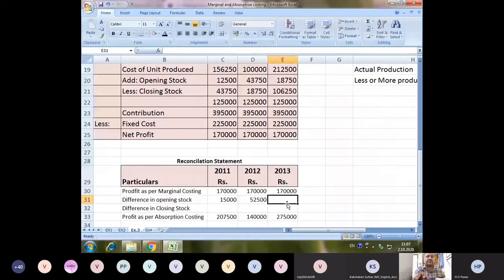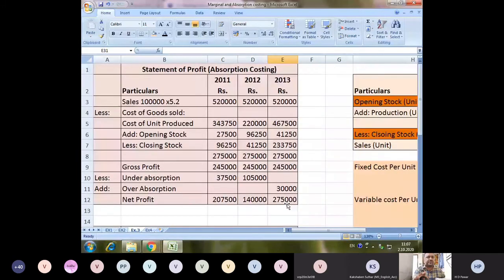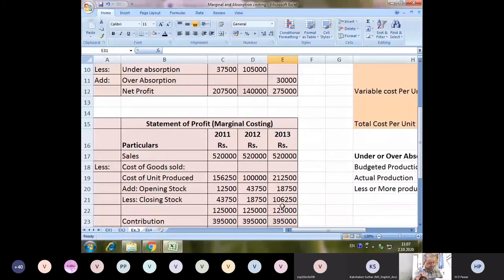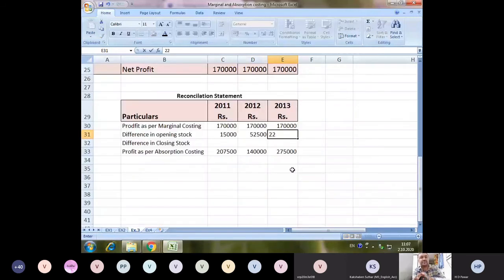In the same way, here opening stock is 41,250 minus here it is 18,750. That is 22,500. This is the difference.